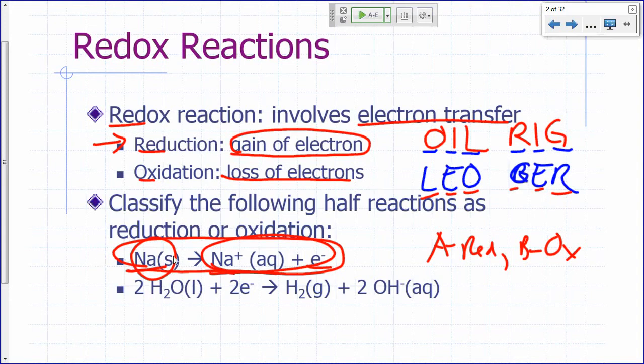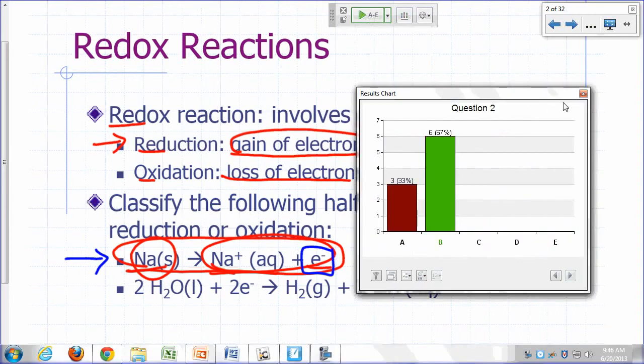What you have before has now separated from its electron. So when you see electron on the right hand side, in what's called a half reaction, that is oxidation. The correct answer here is oxidation.